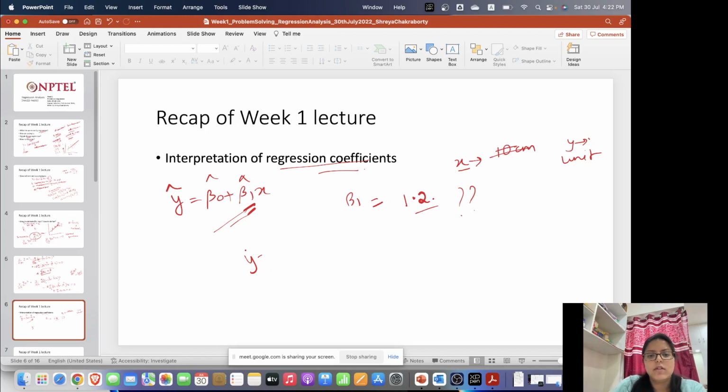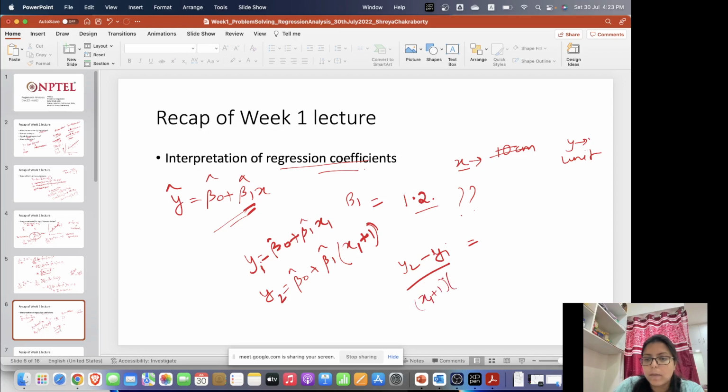Okay. So let's say we have some y1, which is this thing. Now we have something y2, where we increase x1 by 1 unit. So if we do y2 minus y1 over x1 plus 1 minus x1, this is my beta 1 hat.